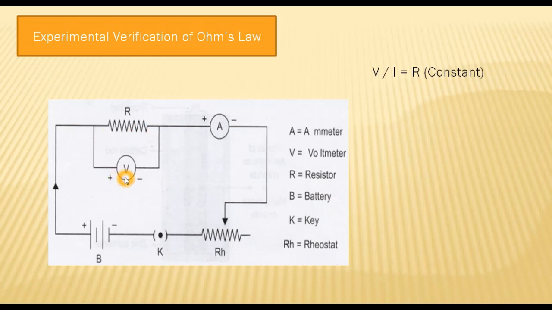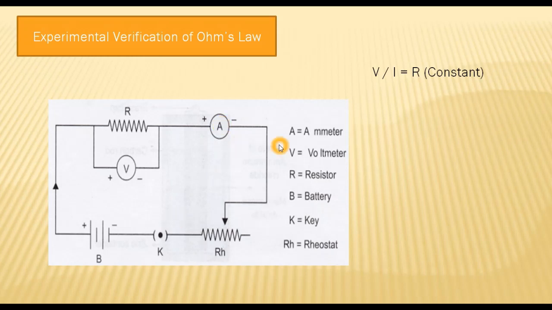Because if it's connected in series, it has high resistance, so it will not allow current to flow easily. That is why it's connected in parallel, and ammeter is connected in series so that it can measure the current, because it has low resistance. Okay, now using all these things, we can make a circuit.